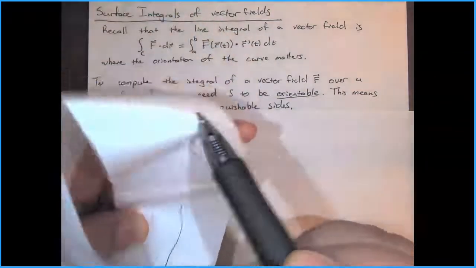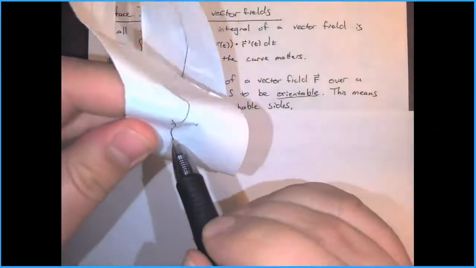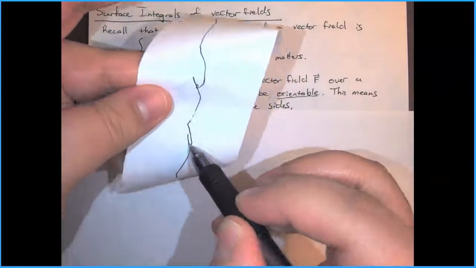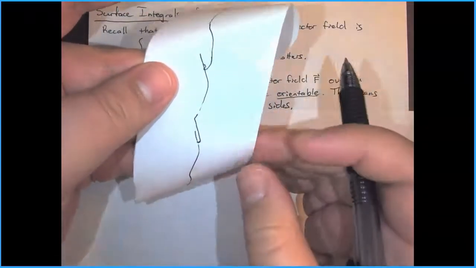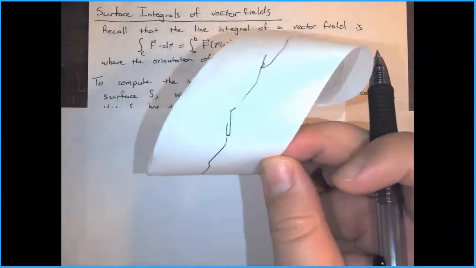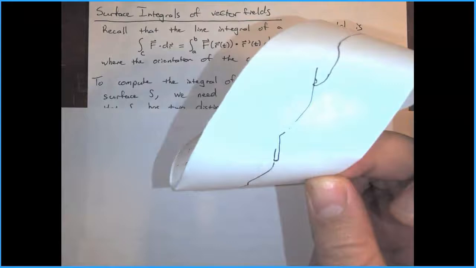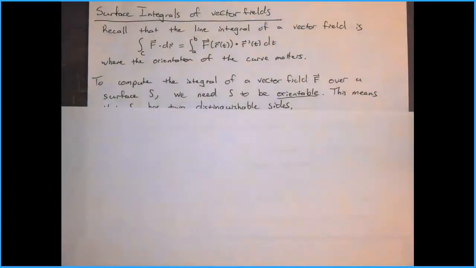Eventually, I end up back where I started. So this Mobius strip only has one side. It's not orientable. So we need our surfaces, when we do surface integrals, to be orientable. So we can't have weird things like Mobius strips or other weird surfaces that can occur.